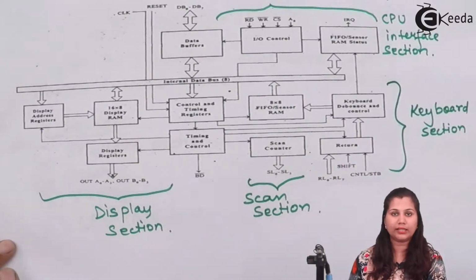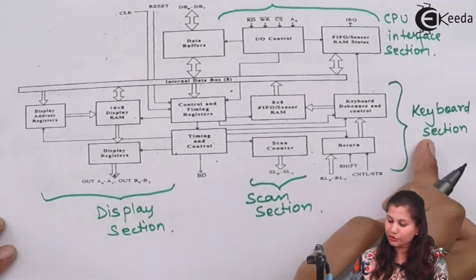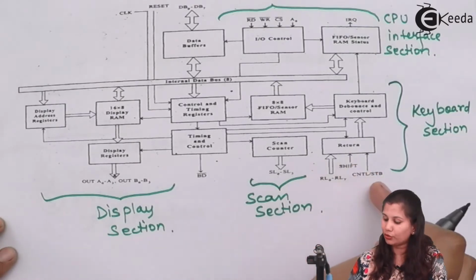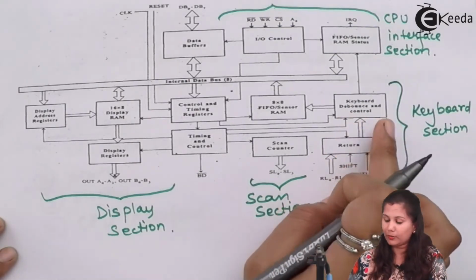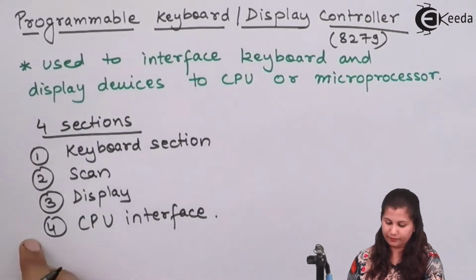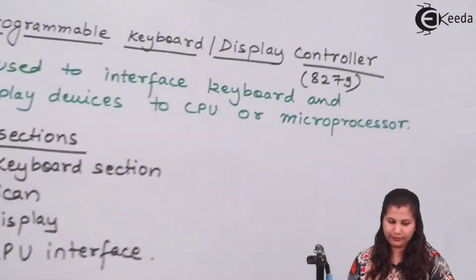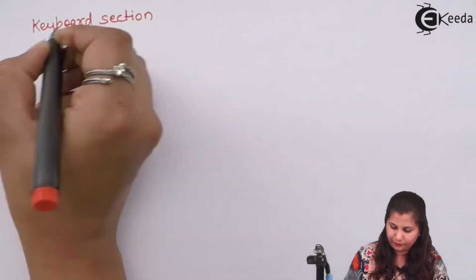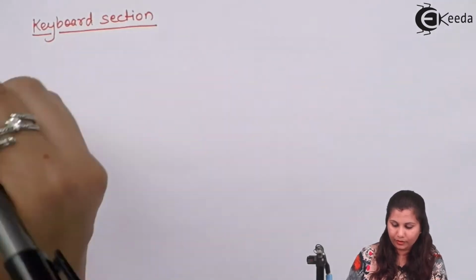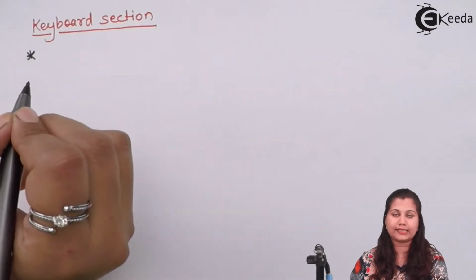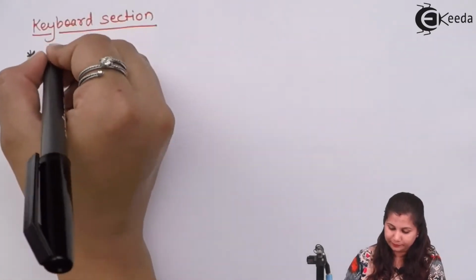First, we will start with the keyboard section. So in the keyboard section, you can see we have the return lines, RL0 to RL7, shift, control, and keyboard debounce and control unit. So let us study about this section. This section consists of the 8 return lines RL0 to RL7.